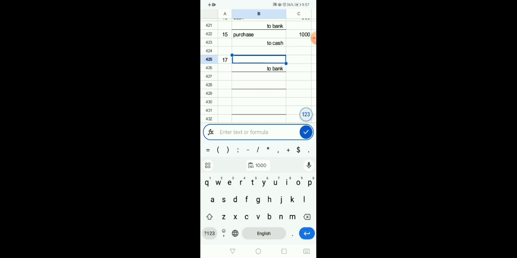Liability has been decreased. Decrease in liability should be mentioned on the debit side. So you would mention Amir on the debit side, in spite of the fact that he was your account payable. What word am I using? Was. He was your account payable. Now after payment, he is no more your account payable. Decrease in liability on the debit side. That is why you have written Amir on the debit side.